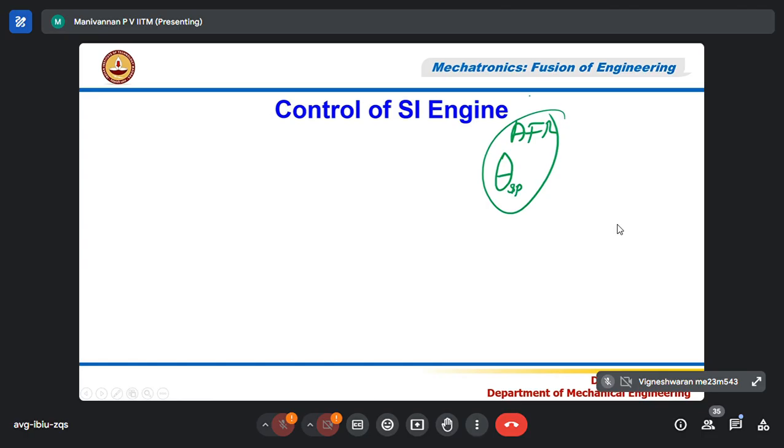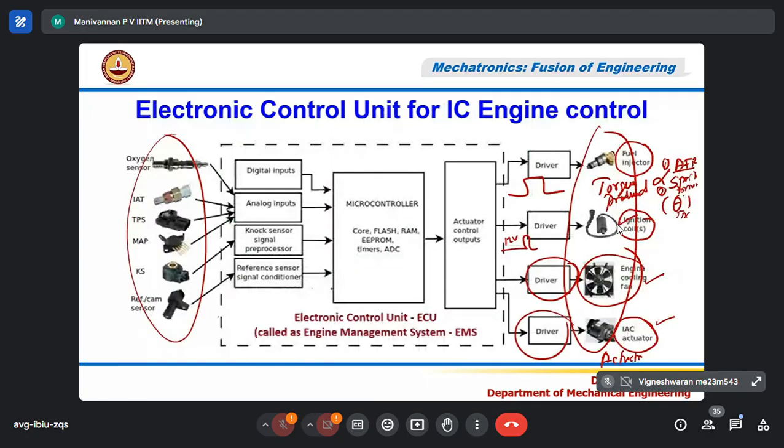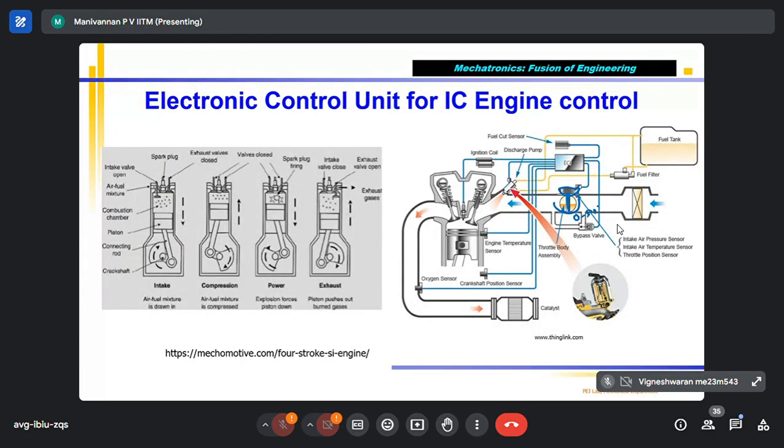Now you know that if you give the spark early, what happens? Any idea? Because many of you have done an IC engine course, you will be knowing. Why do you have to give the spark at a particular time only, at a particular spark angle before TDC? See, I will tell you.